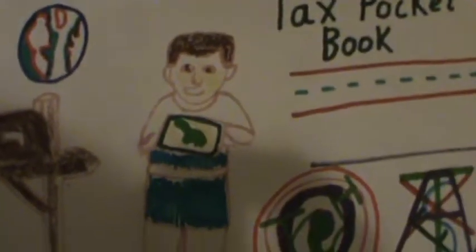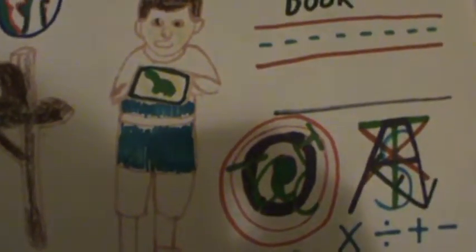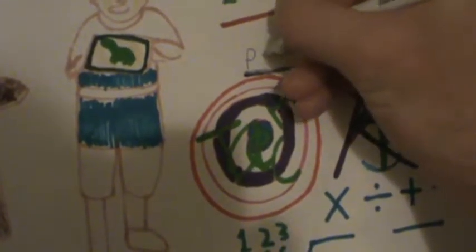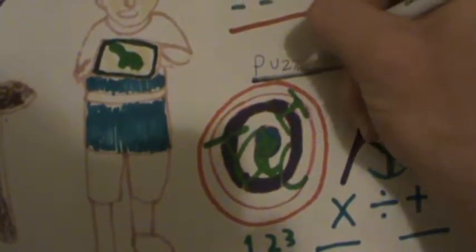But other than that, what you have right here is the Tax Pocketbook, and basically we're talking about how our taxes are like puzzles. You can describe it as maybe puzzles, or it could be your problems.